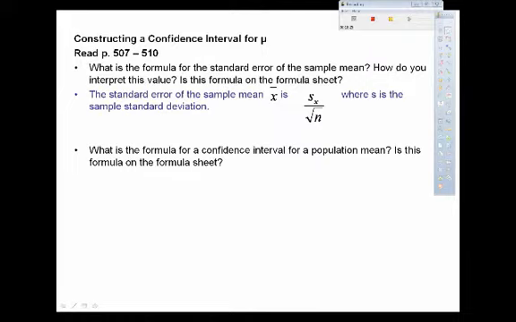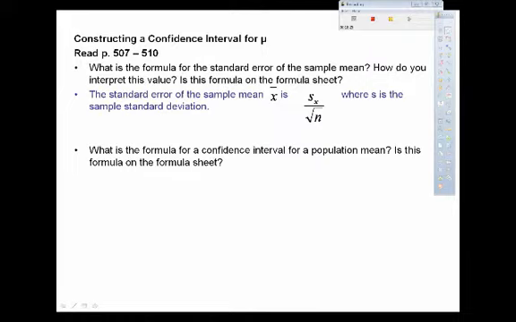It describes how far x bar is from mu on average in repeated simple random samples of size n. So it describes how far x bar will be from mu.